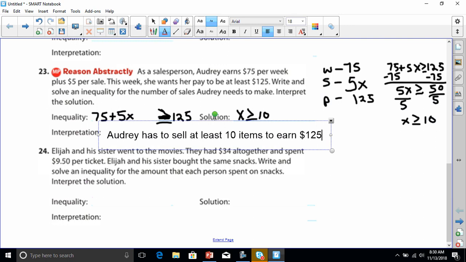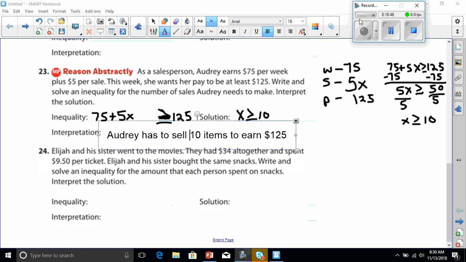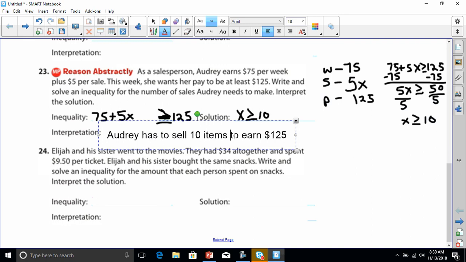Well, let's just rewrite this. Sell 10 items or more. Sorry about that. Audrey has to sell 10 items or more to earn at least $125.